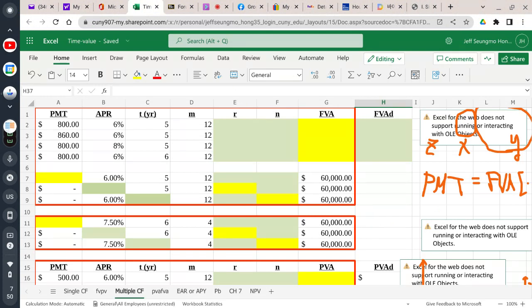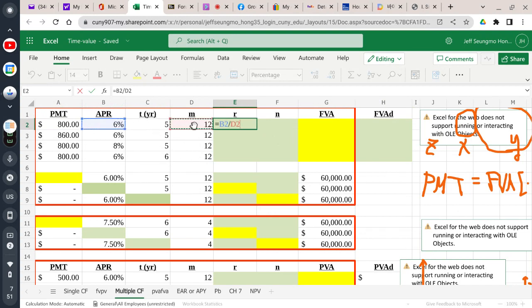This is exactly our example, isn't it? Because you make a deposit of $800 every month, APR is 6%, and the timeline is 5 years. M is 12 because it's monthly. So the first thing you need to do is find the periodic rate. Of course, you divide 6 by 12. It's going to be 0.5%.